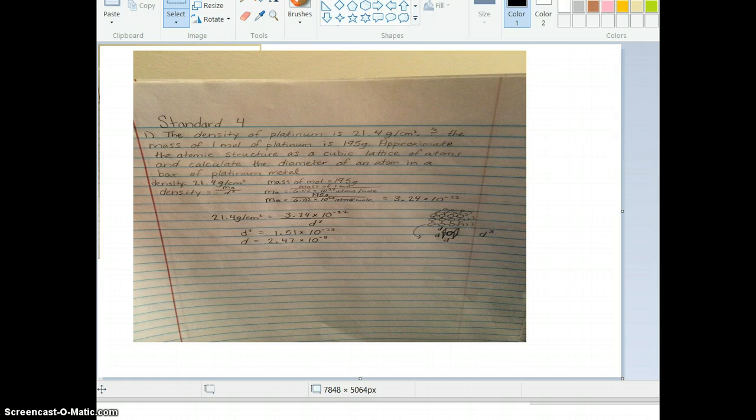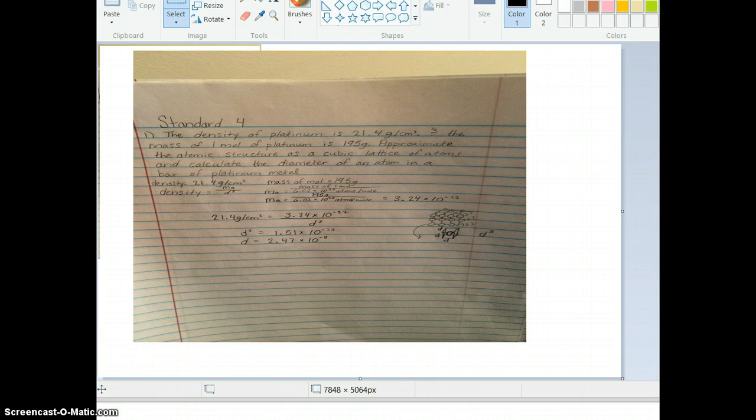Now we can plug that into our density formula since we already have density. That would be 21.4 grams per cubic centimeter, which is our density, equal to the mass of an atom, which is 3.24 times 10 to the negative 22nd, over our diameter cubed.